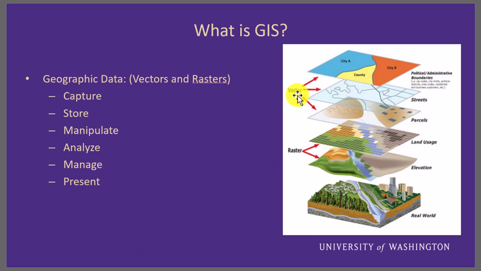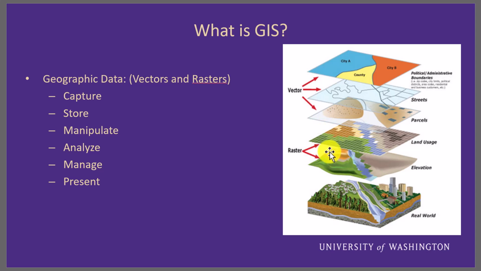And then there's vector data. Vectors can come in the forms of points, lines, or polygons. And polygons are things like counties, so county boundaries or school boundaries or your house land boundaries.